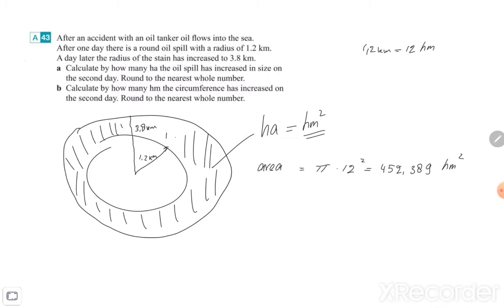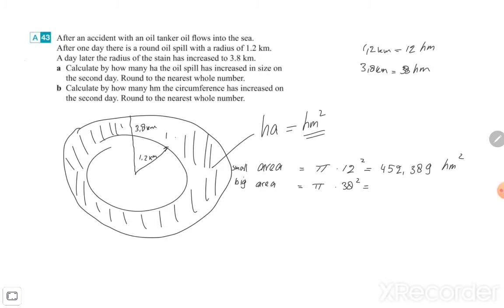So this is the small one. From the big circle, the area is pi times 38 squared. And why 38? Because 3.8 kilometers is exactly the same as 38 hectometers.